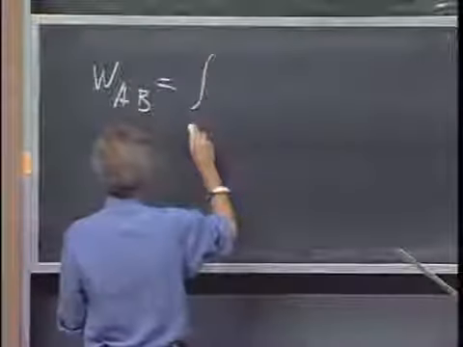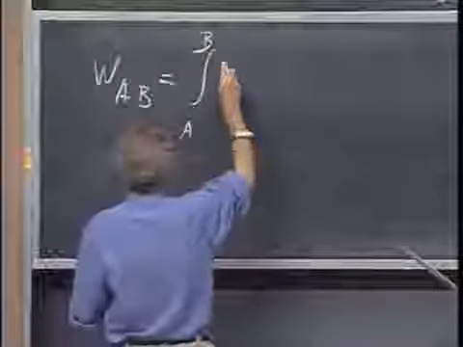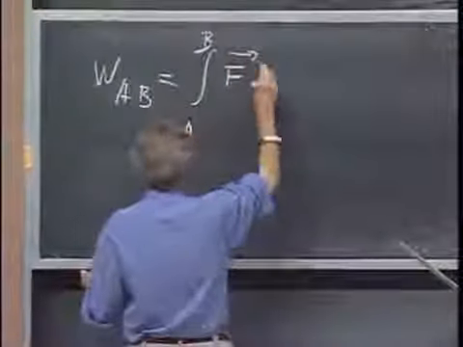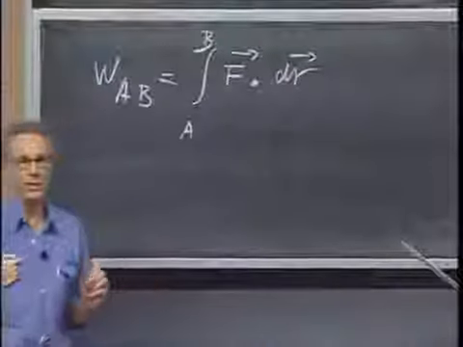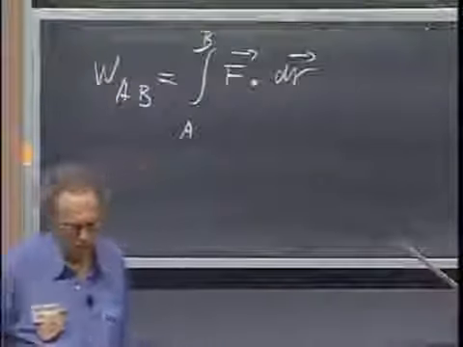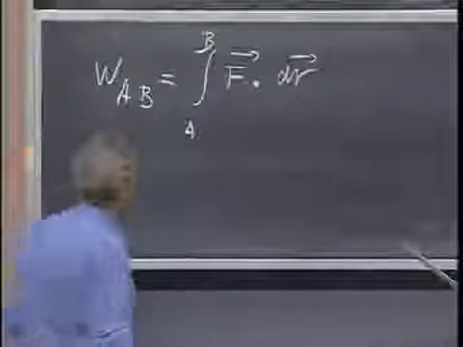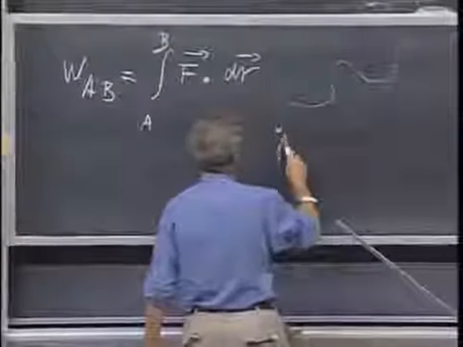Now the work that the force is doing in going from A to B is F dot dr. R is the position in 3-dimensional space where the force is at that moment, and dr is a small displacement.